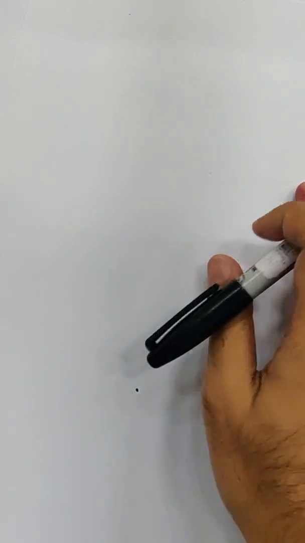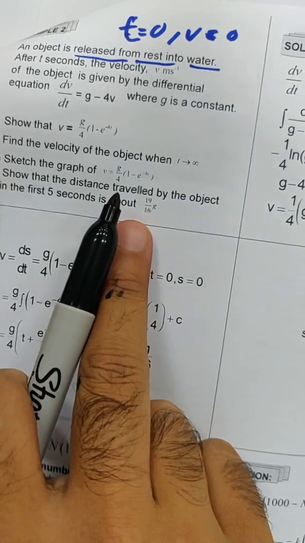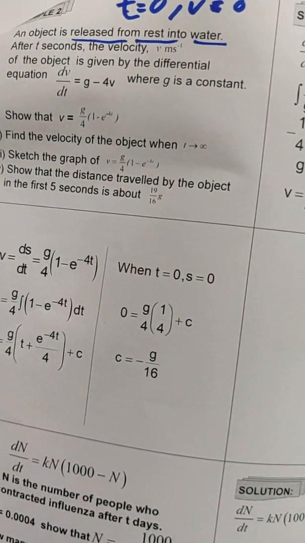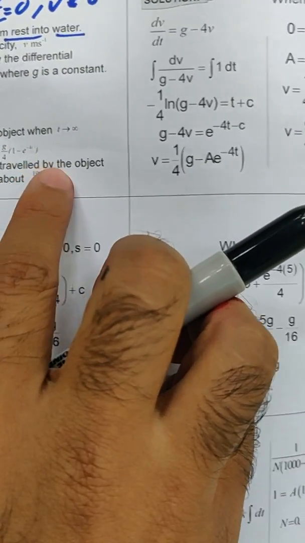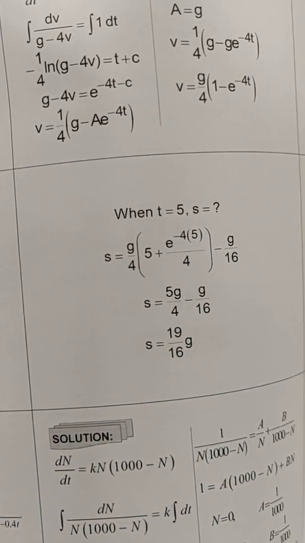Yeah, we haven't finished yet. Show that the distance traveled by the object in the first 5 seconds is about 19 over 16 g. How do you get this one? The distance traveled by the object in the first 5 seconds, I think this is v times t.